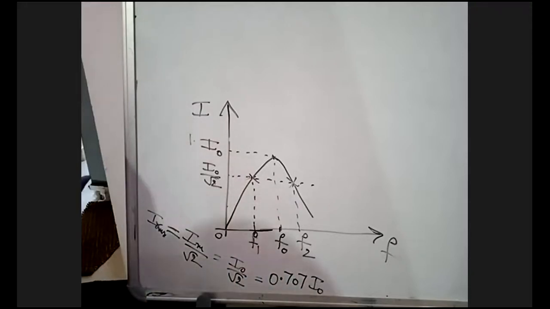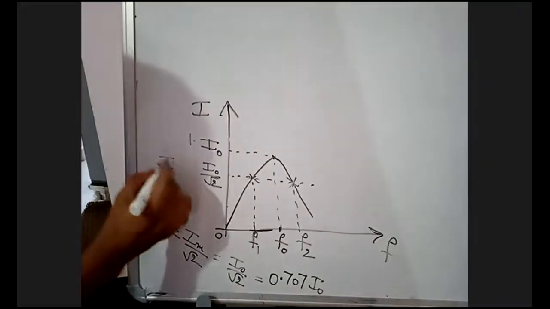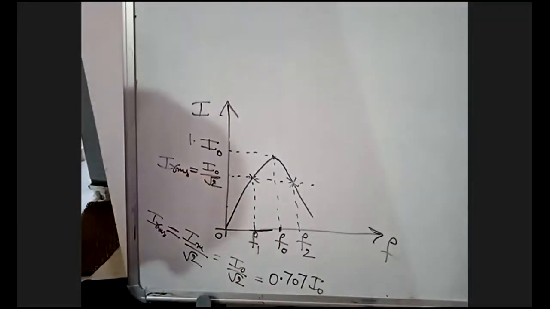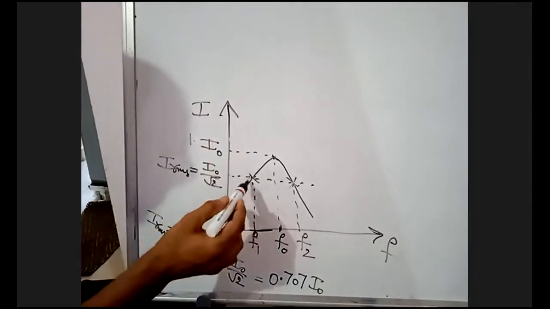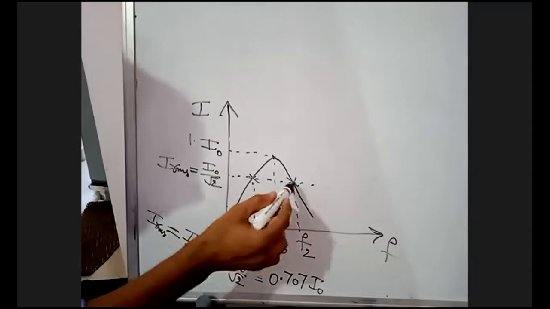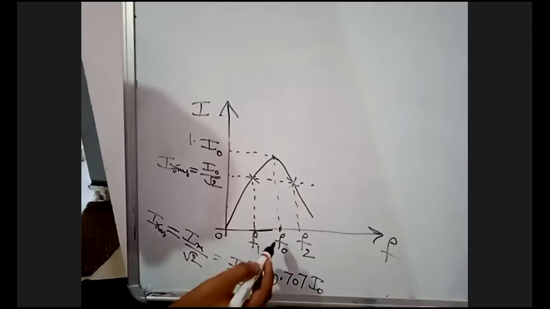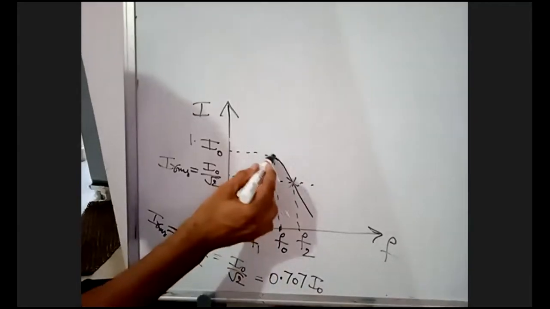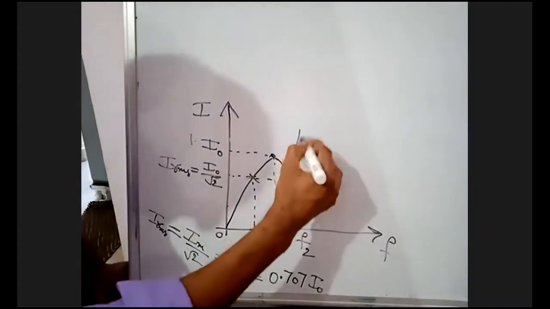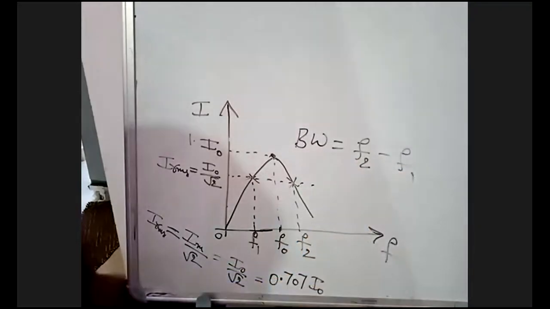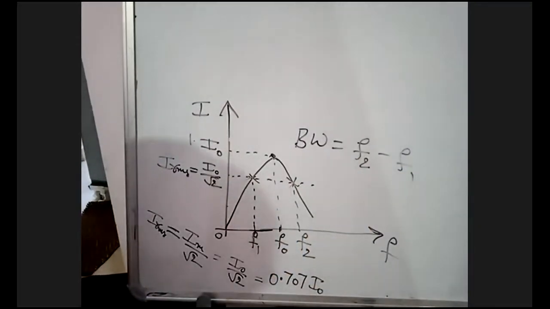This is the RMS current, IRMS equals I0 by root 2. This line touches the curve at two points. F0 is the resonant frequency, where you get the peak value. Then I define bandwidth: bandwidth is equal to F2 minus F1.